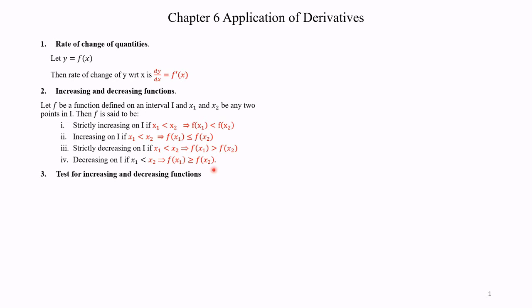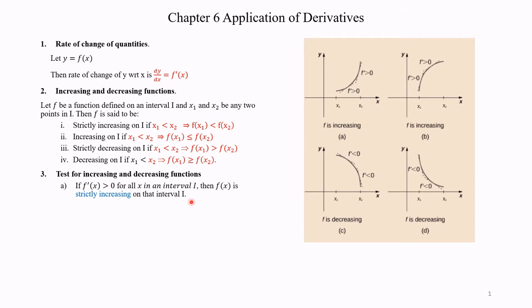So, let us test for increasing and decreasing functions. If f dash x is greater than 0 for all x in an interval I, then f of x is strictly increasing on that interval I. Please see the figure here. On the screen there are 4 figures.